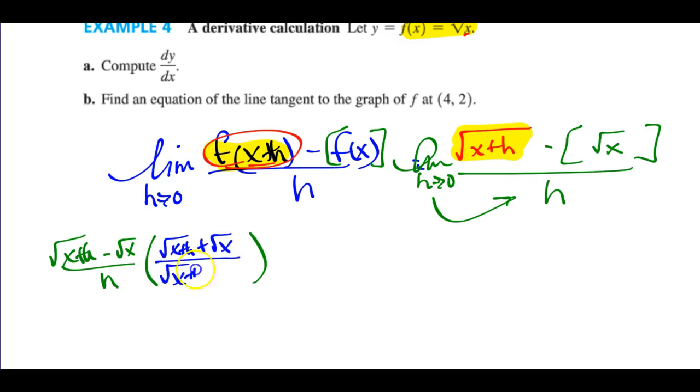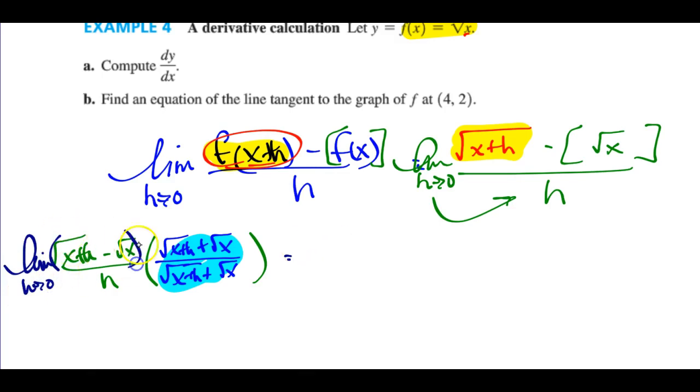So conjugate means change that middle sign. So everything that I just wrote here in blue is just the value of 1, and so we're not going to change the value of the fraction. It's going to look different, but it's going to help us hopefully cancel the h so we can do some direct substitution.